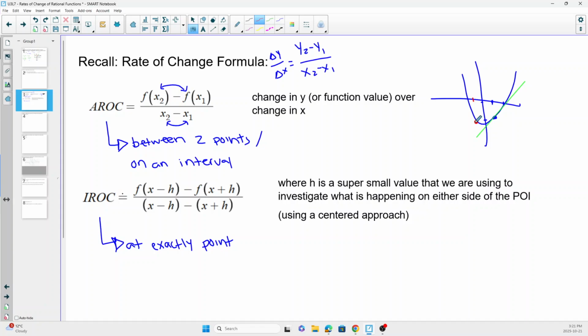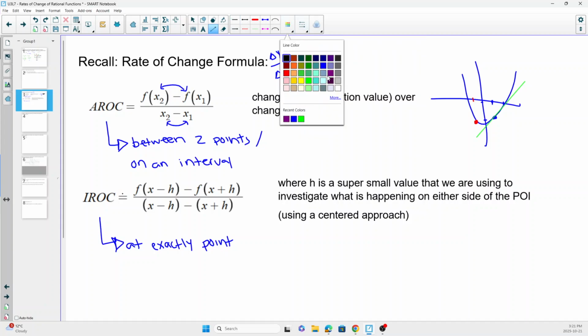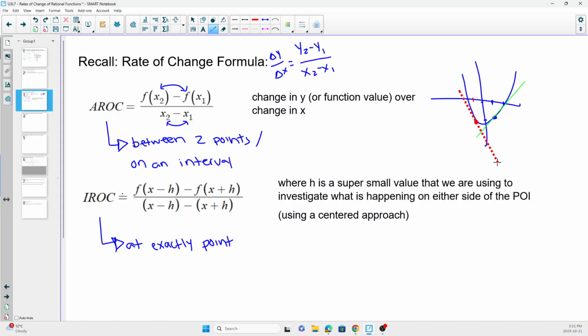So we want to know what is the rate of change at that exact point. And to estimate the instantaneous rate of change, we use something called the tangent line. And that's where we draw a line as best as we can that is going to just touch the curve at that 1 point and nowhere else.